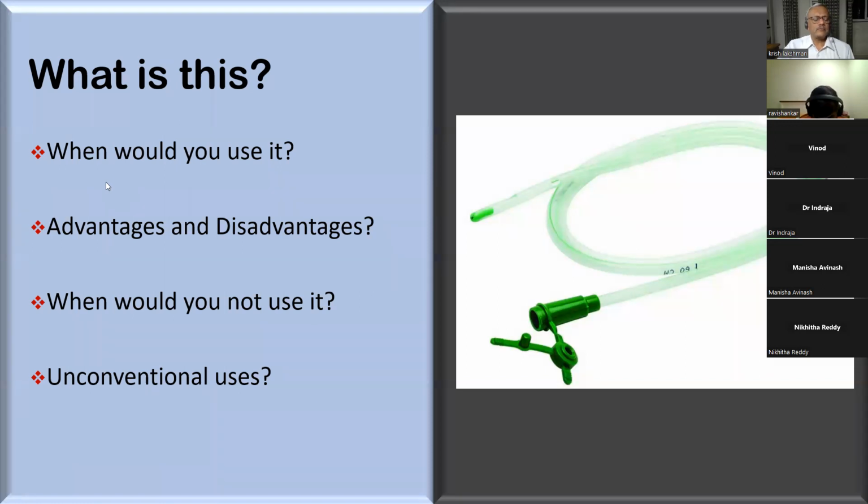Akhil, you want to take it? I think we can use it for feeding jejunostomy, sir. Yes, feeding jejunostomy. Anything else? We can use it in pediatrics as a drain, sir. Okay. Even in adults, it's not wrong to use it. Negative pressure therapy. We can use it, sir. Yes. Good. I think that's good enough.